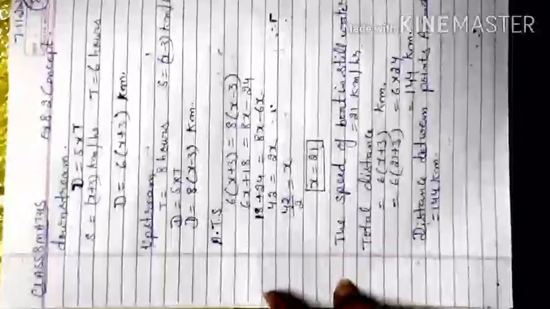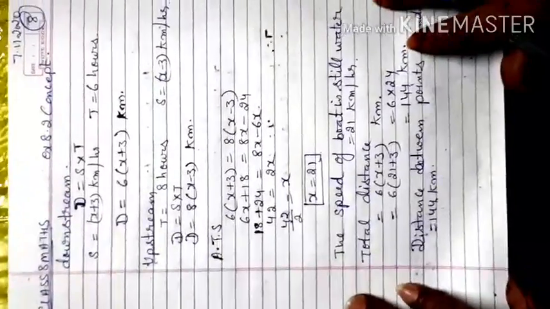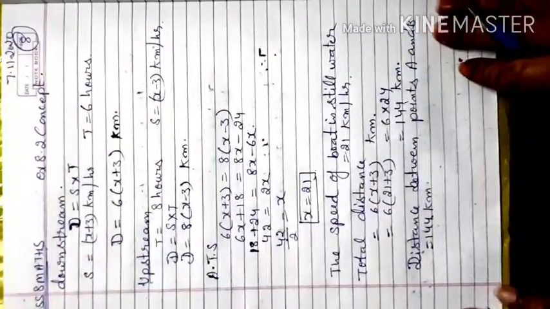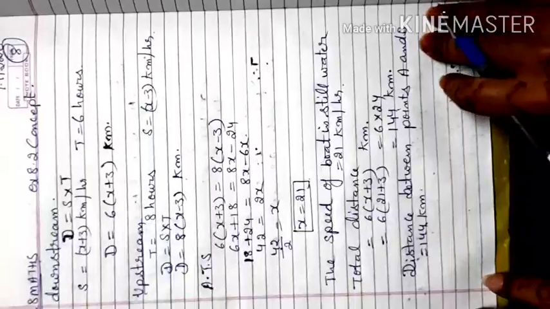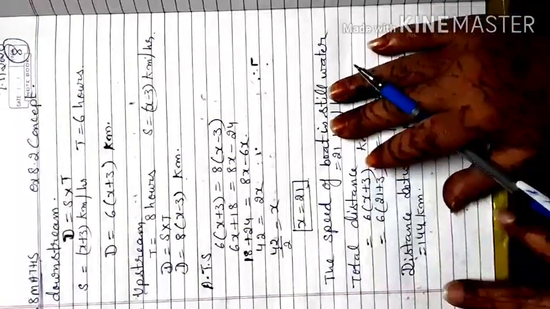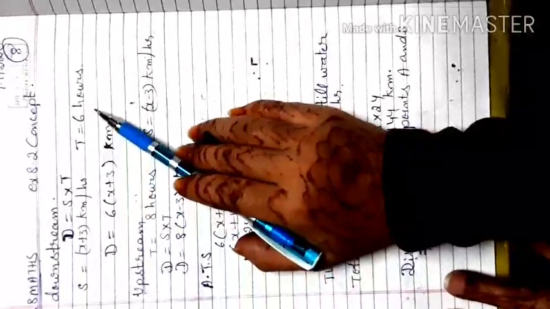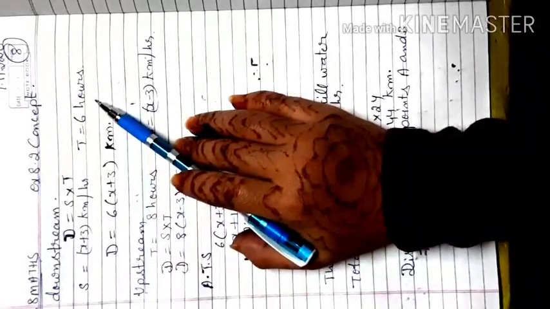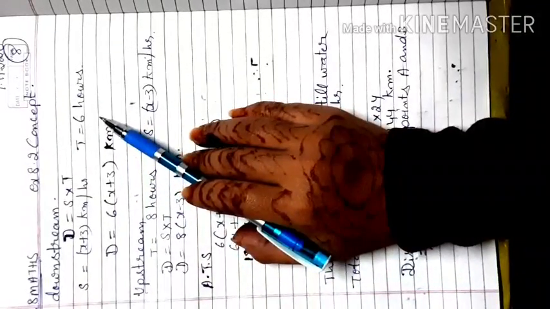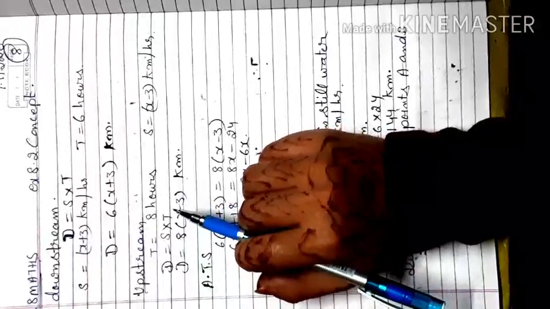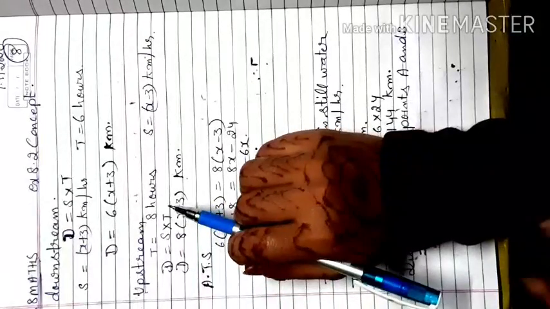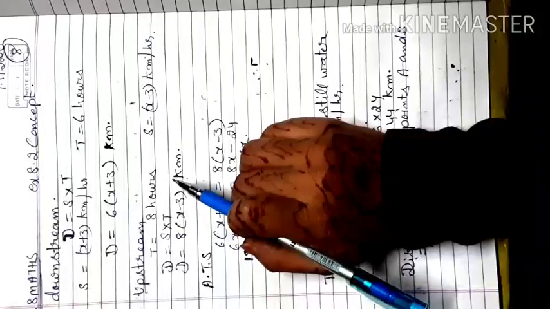Next is the distance covered. Now you have to find the distance covered between A to B according to the downstream and upstream. According to the downstream, it will take 6 hours, because the speed will be more, so less time. Upstream, more time, because the speed will be less, since you are moving against the flow of the stream.